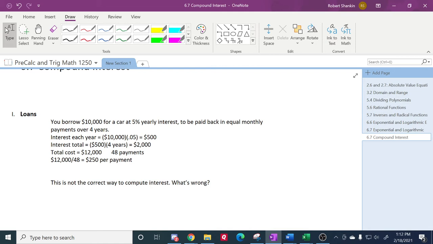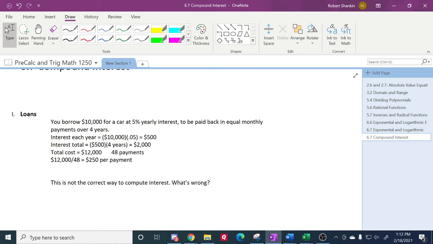Hi, this is Nika. Hi, Nika. So I was thinking that step 1 is wrong because the yearly interest shouldn't be paid on the original amount. As the amount is paid down, the interest payments would also go down. So only the first interest payment would be 500.